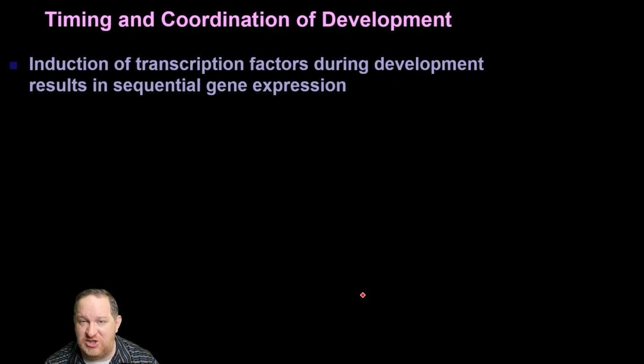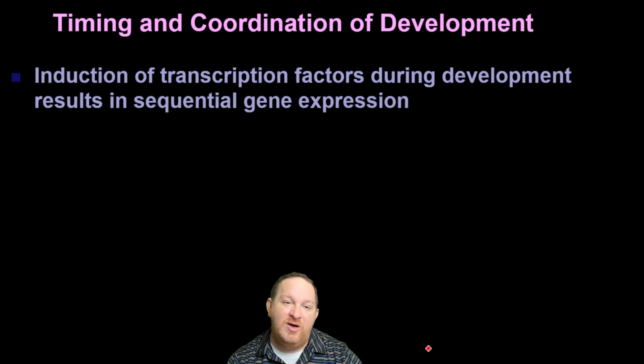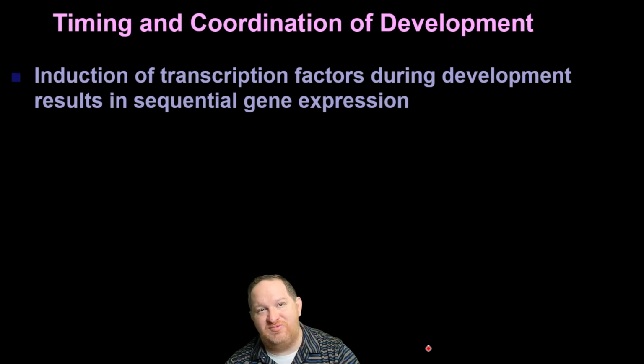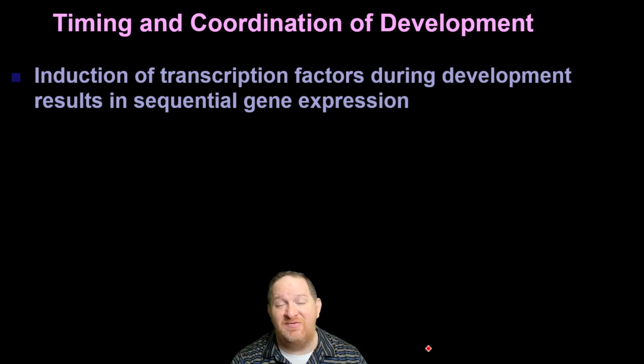Okay? So, I've taken you on a long journey, and I want to end with the timing and coordination of this, right? Because I've been saying, oh, it gets methylated, it's turned off, it gets acetylated, it unwinds, you get these transcription factors. Well, how is all of that stuff controlled?